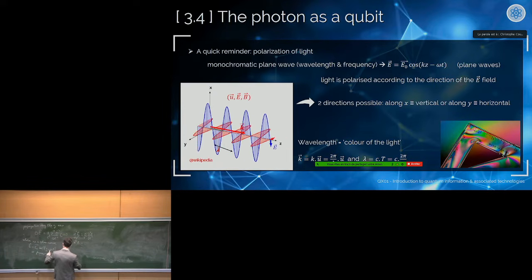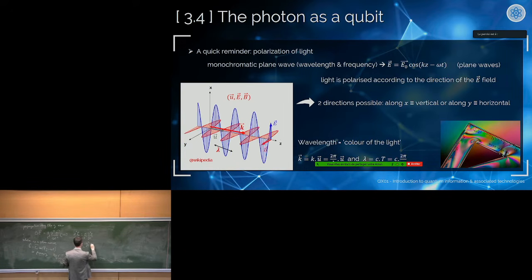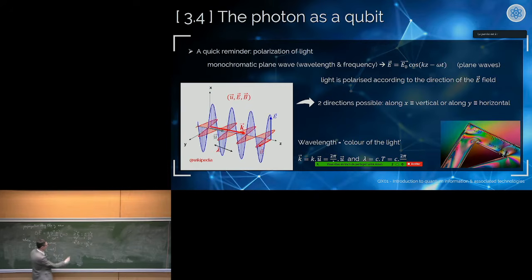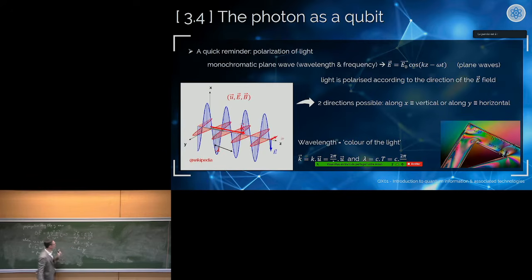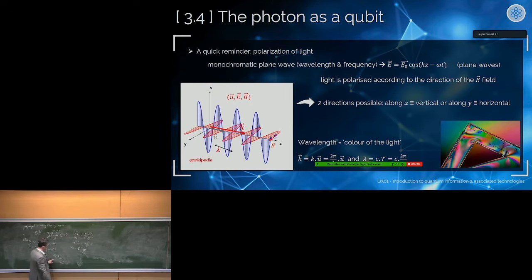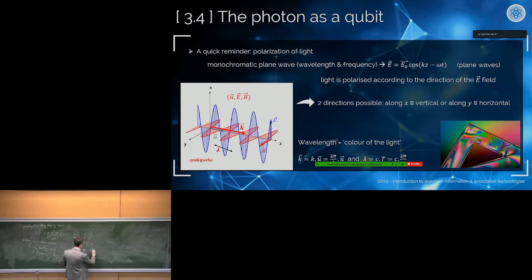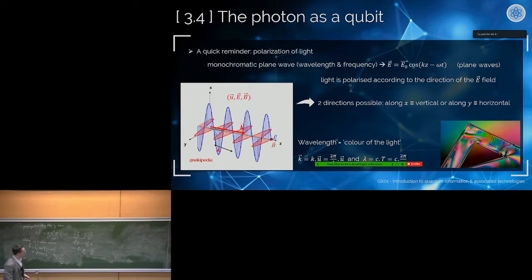And on the other side, I will have minus omega squared over c squared E. Okay? And what I derive is the fact that a plane wave is a solution if I have this particular relation between the wave vector and the frequency, which I can rewrite like so, as k being 2 pi over lambda. So this is so-called in electromagnetism the dispersion relation, but whatever.